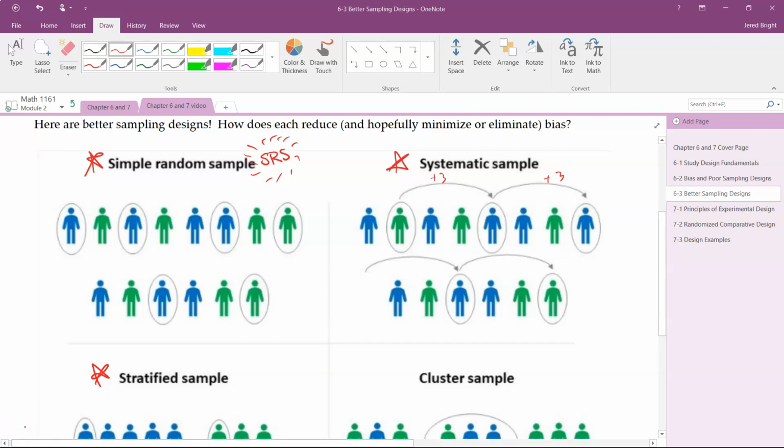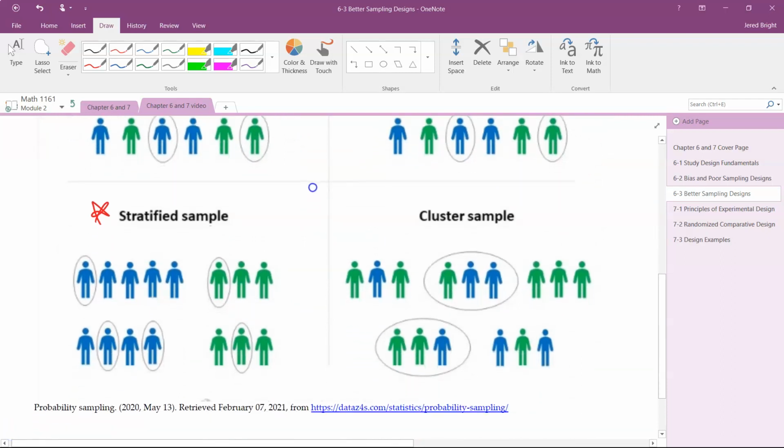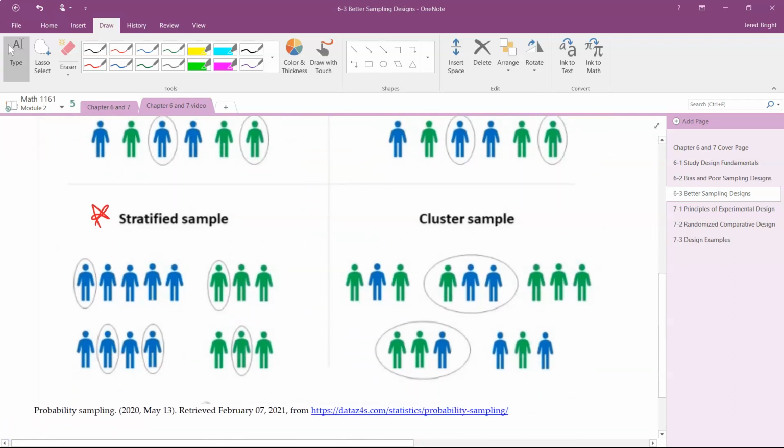The next one is a stratified sample. So what you do in a stratified sampling procedure is that you break the population into different groups based on a certain factor. Okay, and those are called strata. So this is strata 1 and this is strata 2. For ease of thinking, think of it based on sex, so male and female.